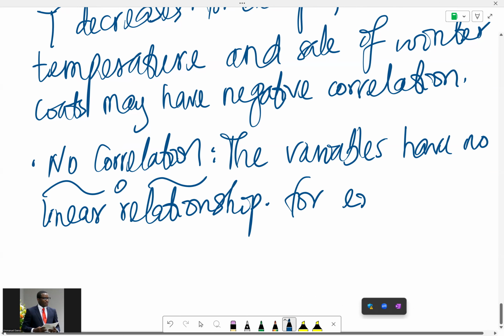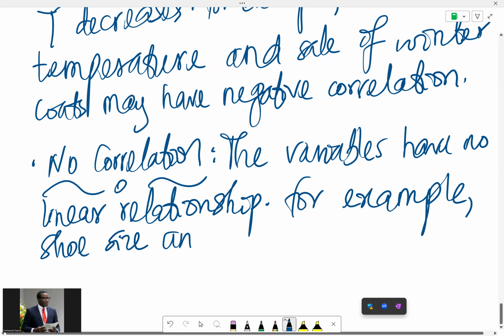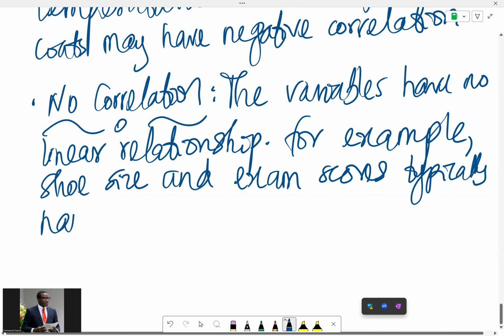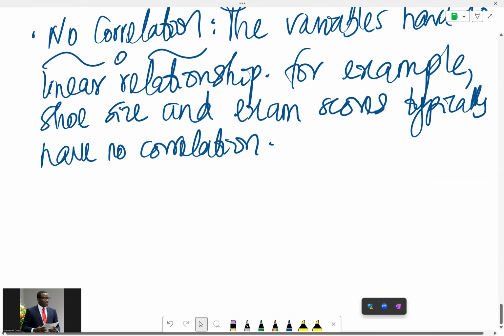For example, shoe size and exam scores typically have no correlation. So your shoe size most likely has got nothing to do with how high your exam score is. Okay, so we have that.